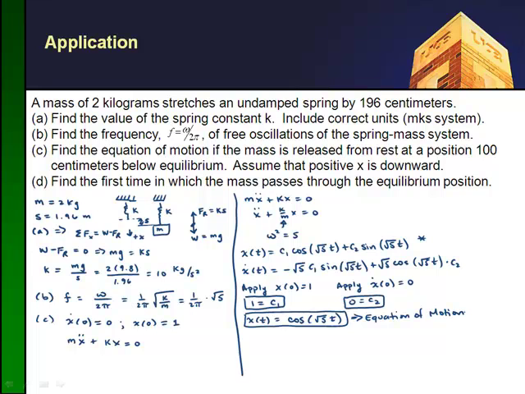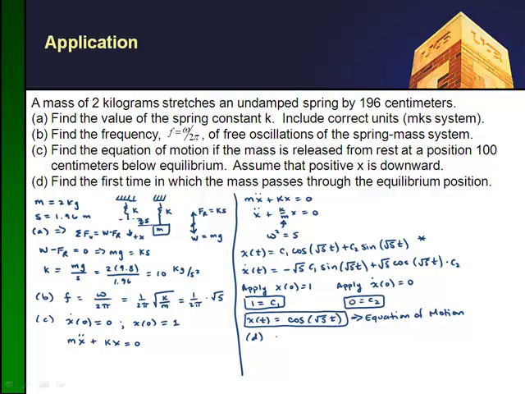Okay. In part D, I'm asked for the first time in which the mass is going to pass through equilibrium. Well, I know that the cosine passes through the equilibrium position at all odd multiples of pi over 2. And the first time the cosine passes through the equilibrium position is when t is equal to pi over 2 if I had the cosine of t.